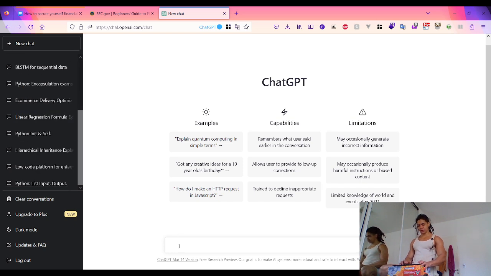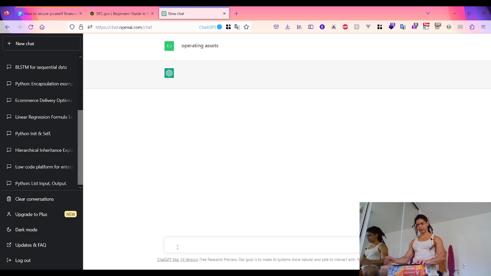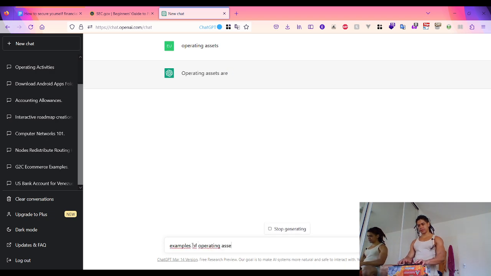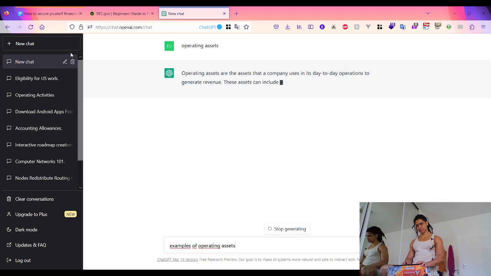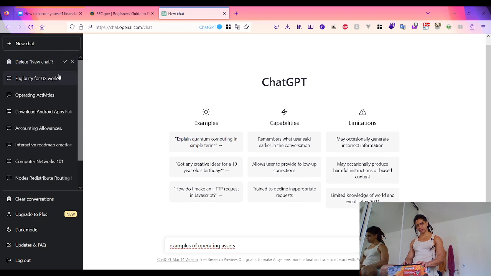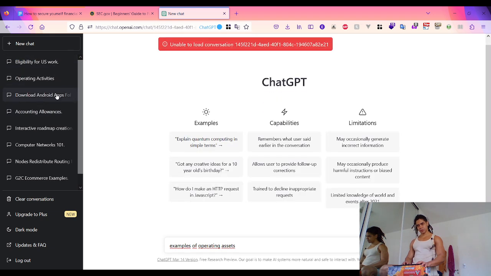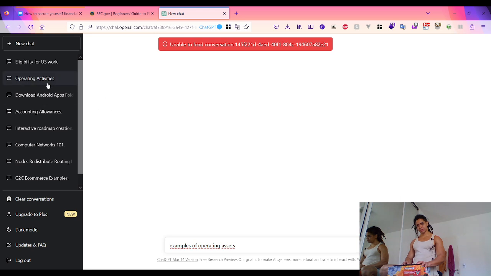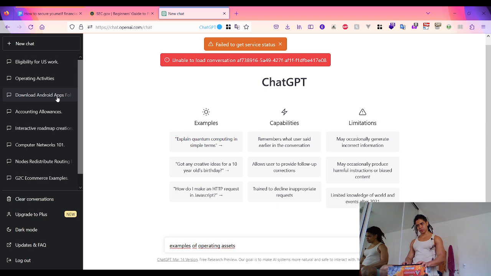In any case, when I ask here for examples of operating assets, there you go. Now it loads properly.